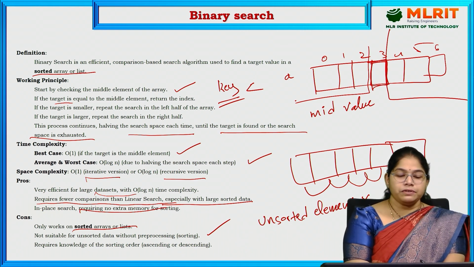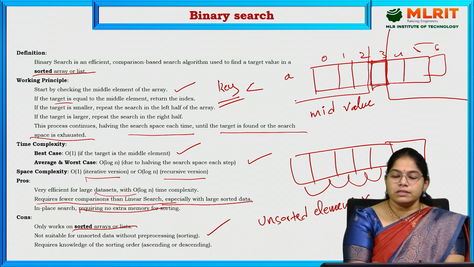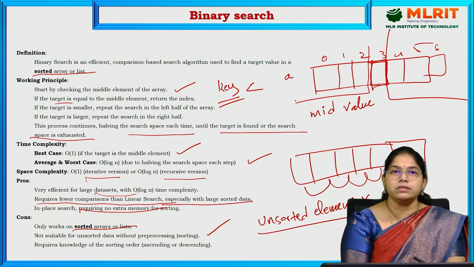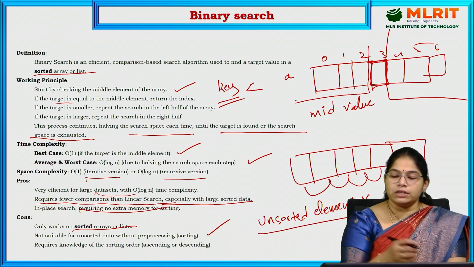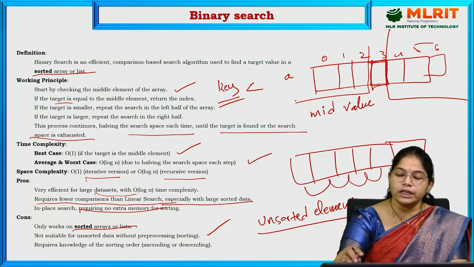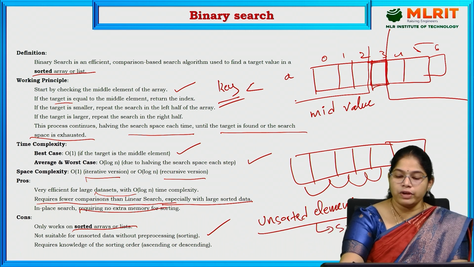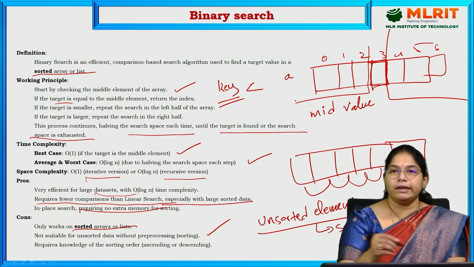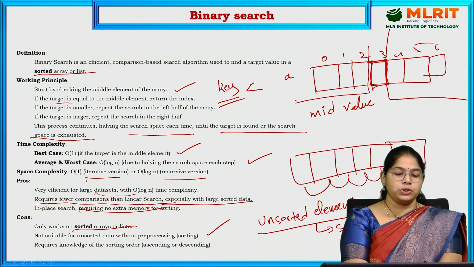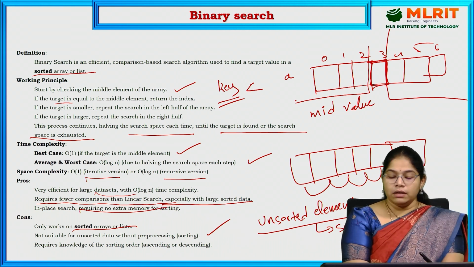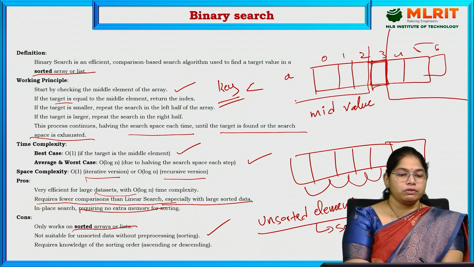It requires knowledge of the sorting order. If we have unsorted elements and want to perform a binary search, then we have to first sort the given elements using any sorting technique like bubble sort, quick sort or insertion sort. Then we can work with binary search on that list of elements in the array.